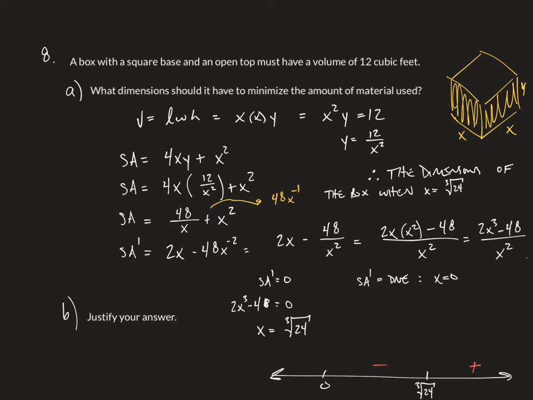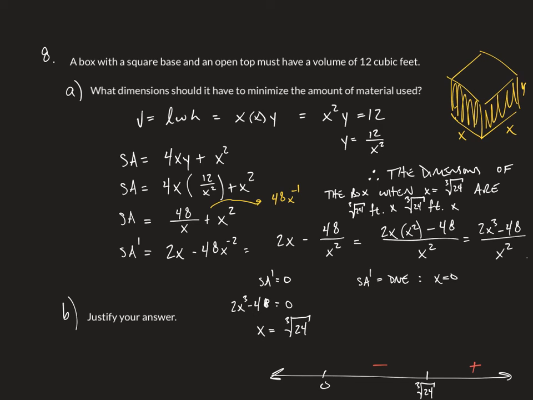And what would those dimensions be? The length is the cubed root of 24, I suppose I should use feet, by the width, which would also be the cubed root of 24 feet, by what would the height be?